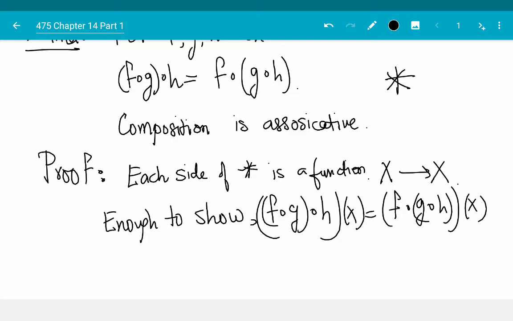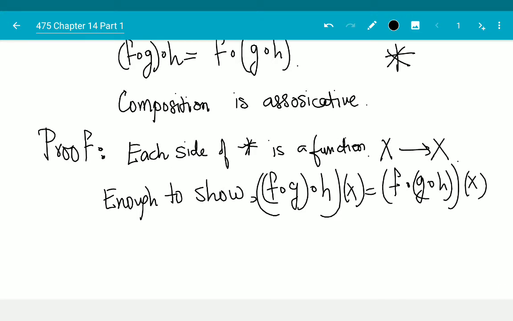And how do we show this? Well, let us look at the first case. What does f o g o h of x do?